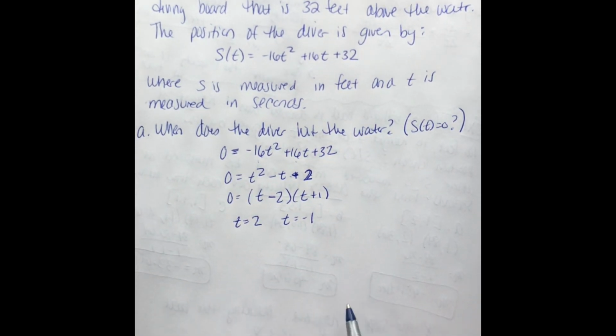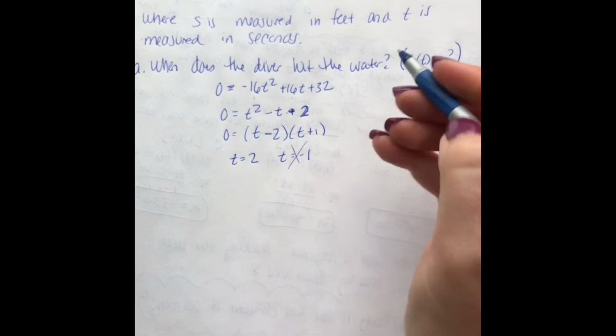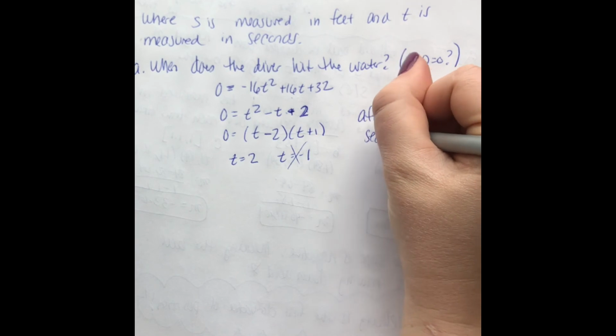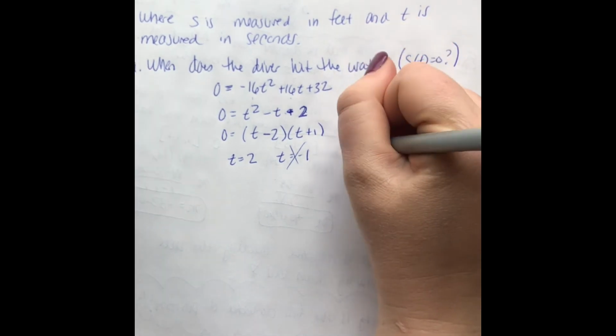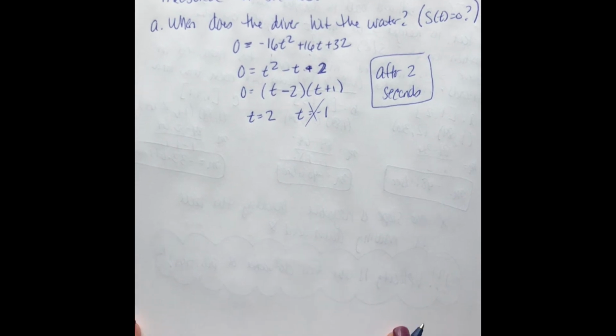But since we're talking about time, it can't be negative, so we have to throw away the negative 1, and it's going to be after 2 seconds. Awesome. So we know after the diver jumps from a platform, they're going to hit the water in 2 seconds. Good, we answered part A.